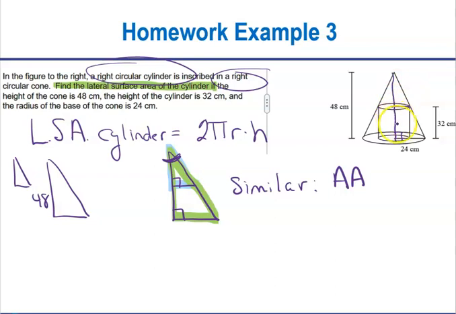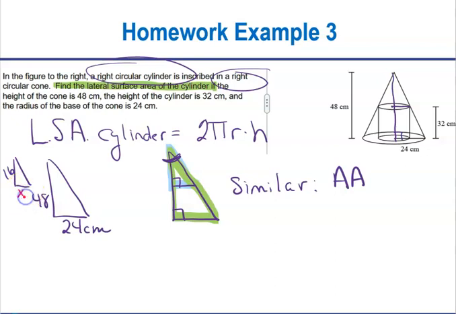So how about 48 minus 32? And 48 minus 32 is 16. So this height is 16. Now again, do we know the base of the bigger triangle? Yes, that is the radius of our cone, which is 24 centimeters. What about the smaller one? That's what we're missing.